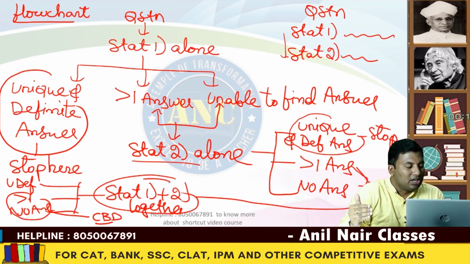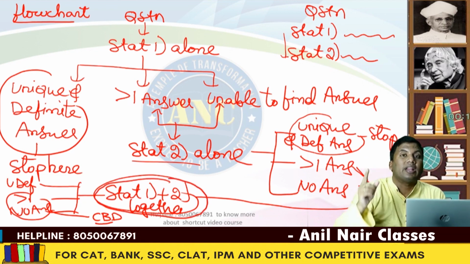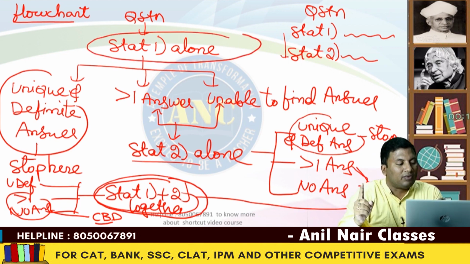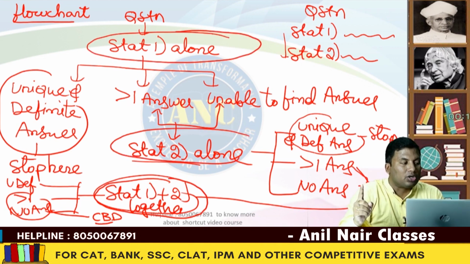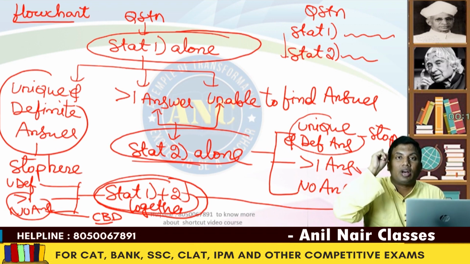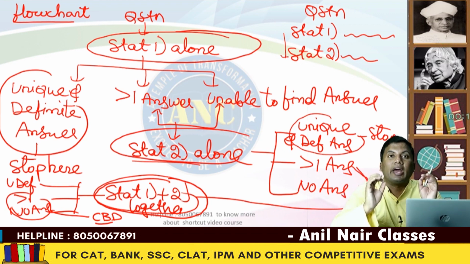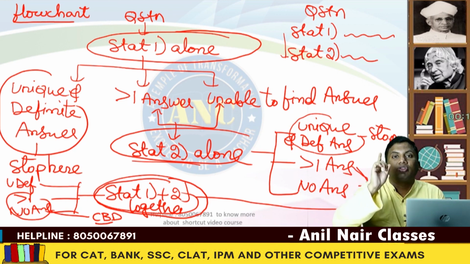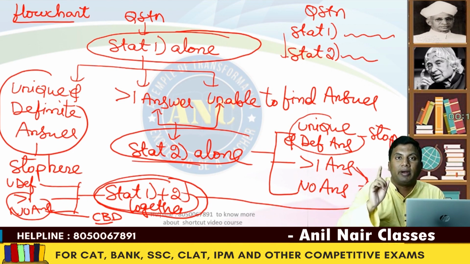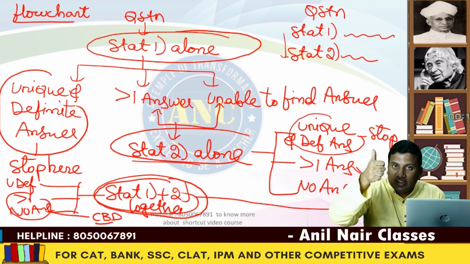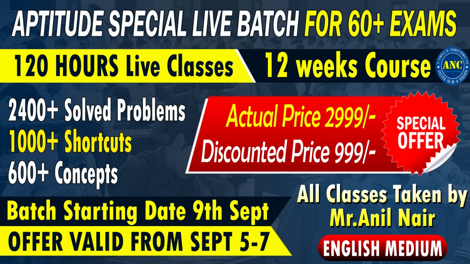Statements 1 and 2 together are combined only after I do statement 1 alone and statement 2 alone. Please make a note of this in your notebook. That is the first important key point in this flow chart.